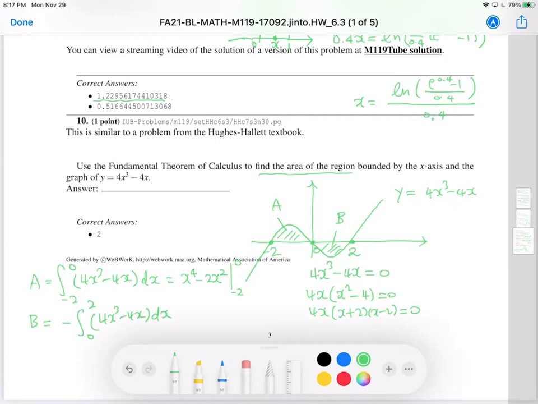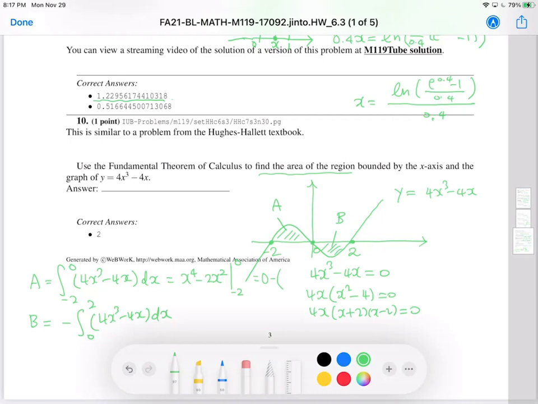Then this is equal to 0 minus, plug in negative 2, 16 minus 8.